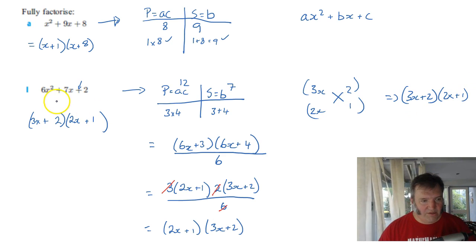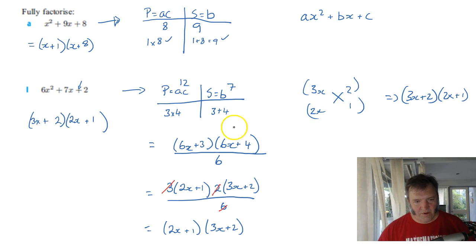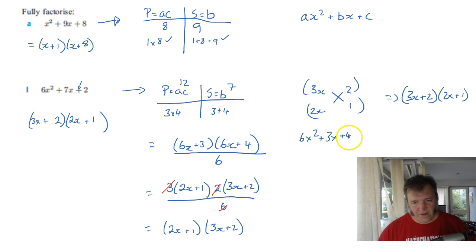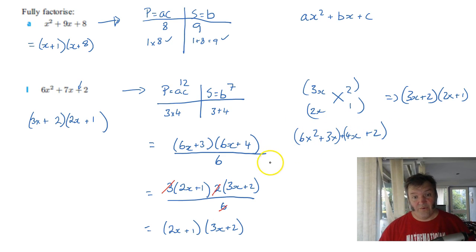If you want to just stick with decomposition, once you've identified 3 and 4, you can write it as 6x squared plus 3x plus 4x plus 2, and factorise in pairs. Remember, this is one that I think is fraught with the most danger, because if there's a minus sign there, we run into trouble. We don't follow our rules as carefully as we should.